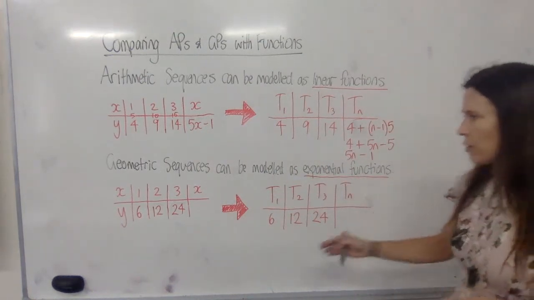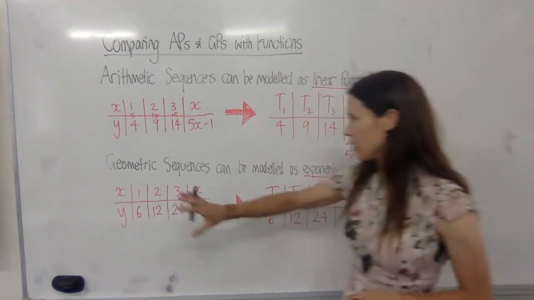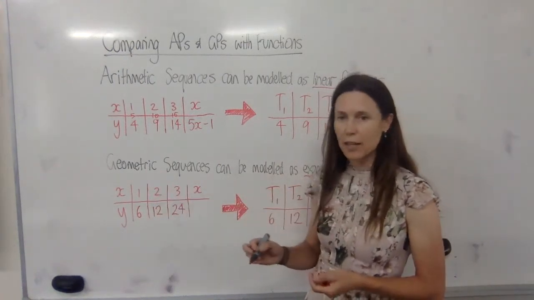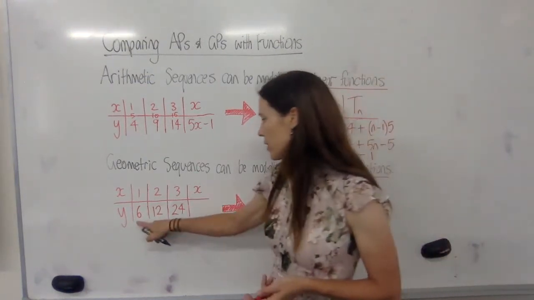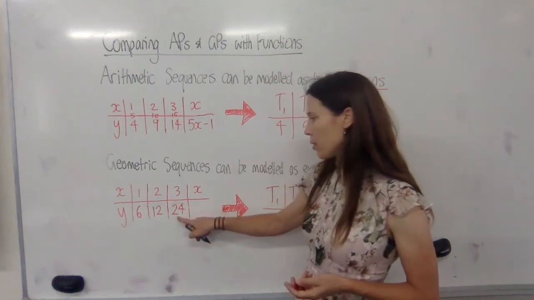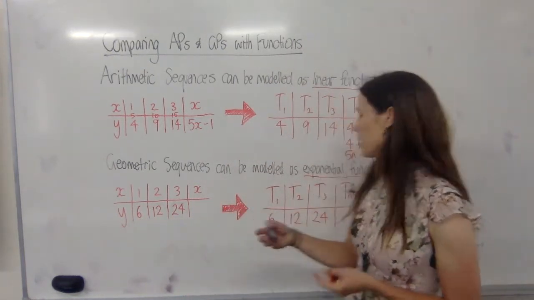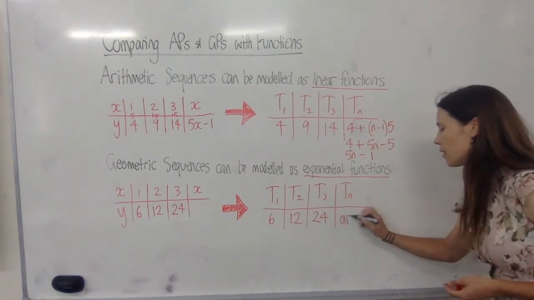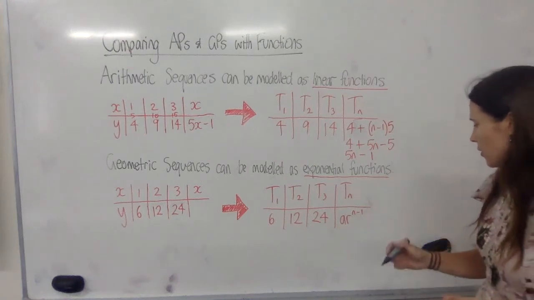Similarly, over here, we've got a geometric progression or sequence, and we've got an exponential function here. Now, these ones are notoriously tricky to spot the rule. Here we can see that we're doubling each time, but we're starting with a 6. To figure out the rule of these ones can be tough. But now we have a trick, something that we can use, or a skill, if you like.